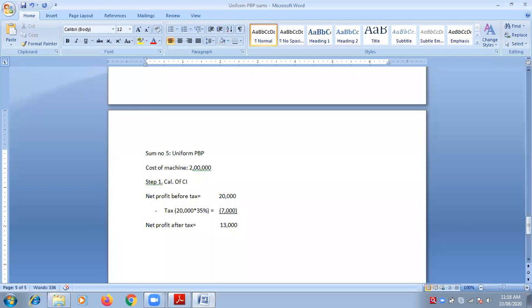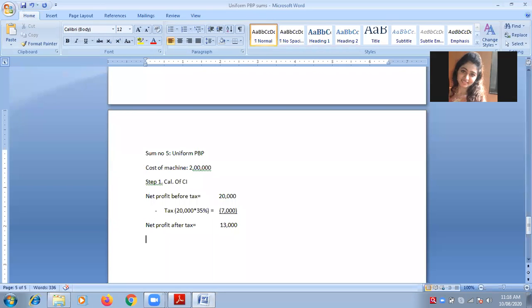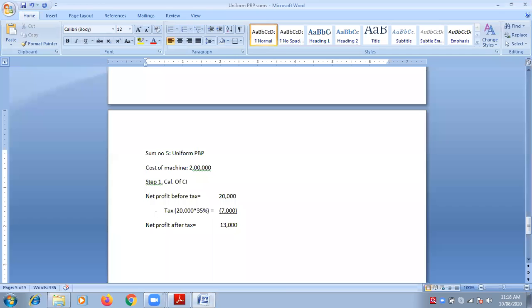So what should be done after this? We need net profit after tax but before depreciation. So we need before depreciation. For getting that, we need to add depreciation.